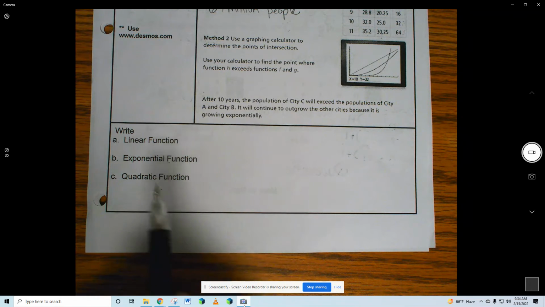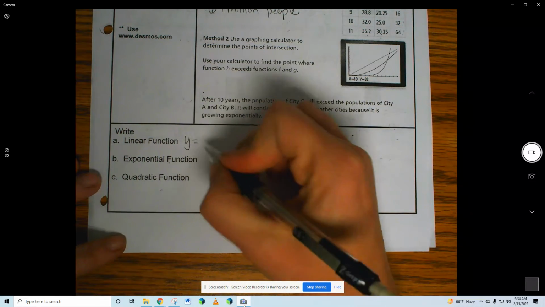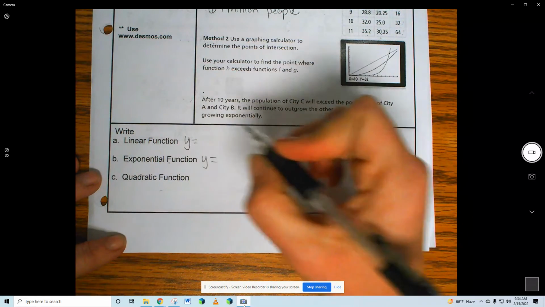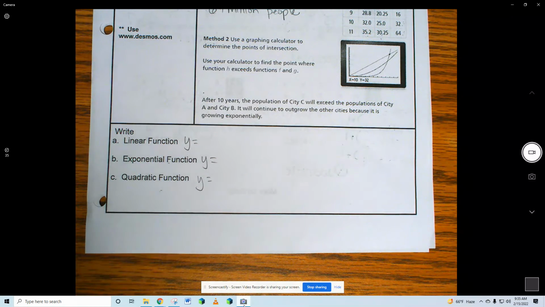Can somebody tell me an example of a linear function? Give me a sample. Linear function means x to the first power. Put any number in it you want. Quadratic means x squared. Put any numbers you want.